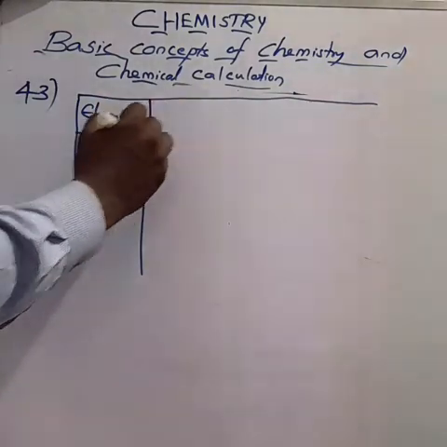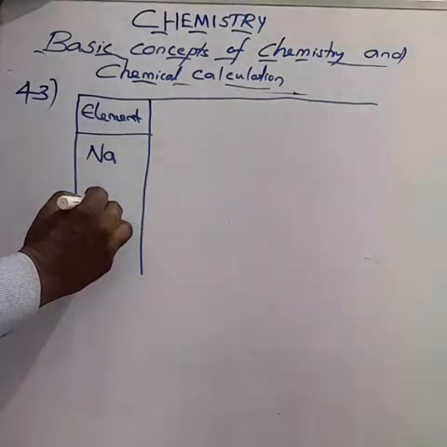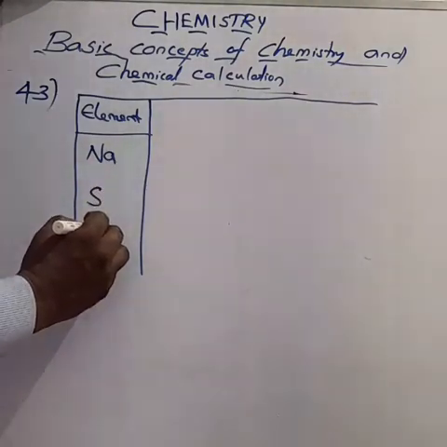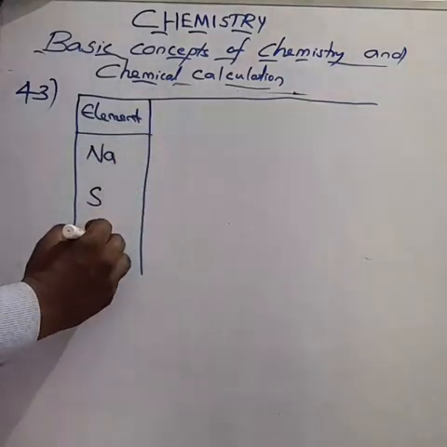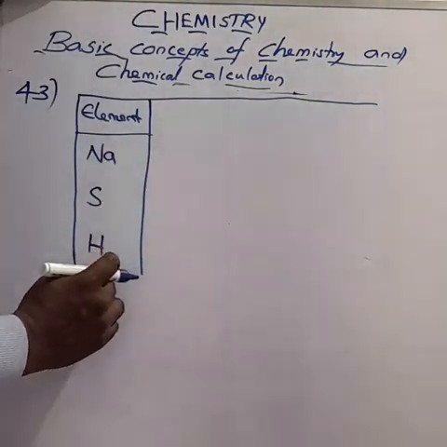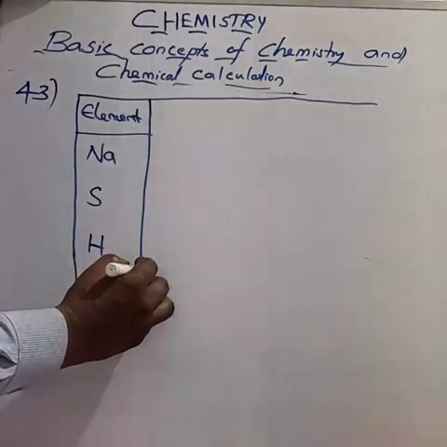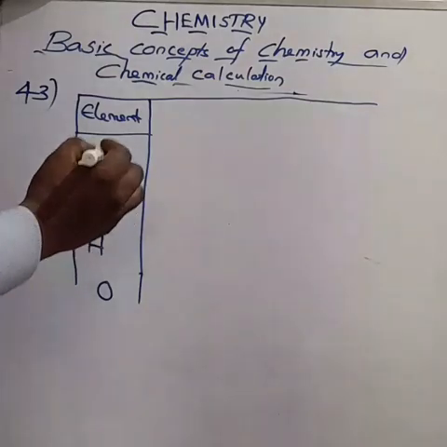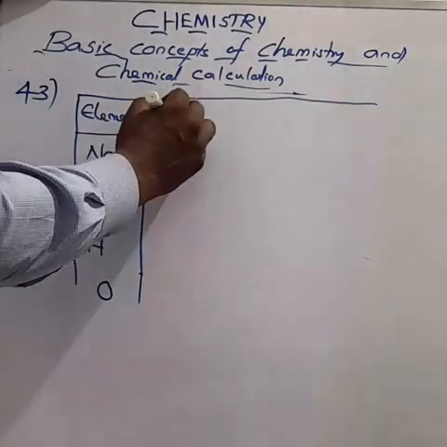Sodium, symbol of sodium is Na. Second element is sulfur. Next element is hydrogen. Next one is oxygen. Okay. Next, we have to write the percentage also.